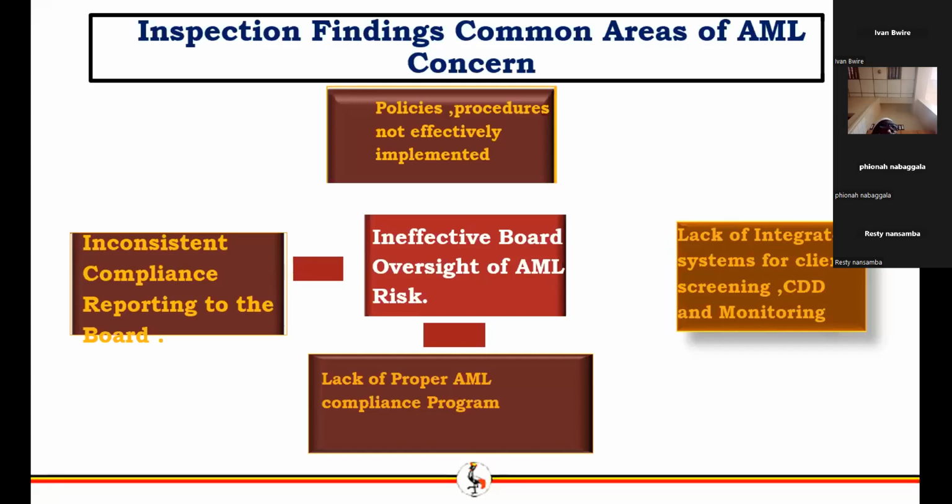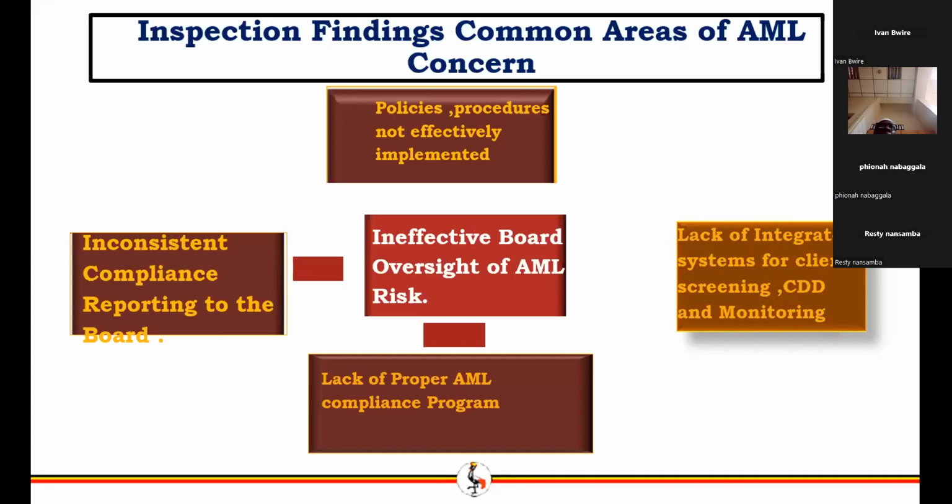We found that there is a lack of integrated systems, because ideally, if you have systems to detect, that will help you detect suspicious transactions. There's a challenge of people not reporting suspicious transactions because of the lack of these integrated systems. Manual detection is slow, and that's why there are few STRs reported to FIA, because people do it manually.